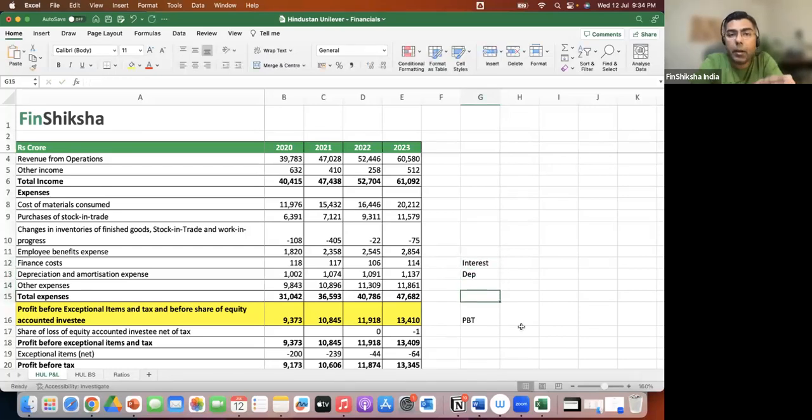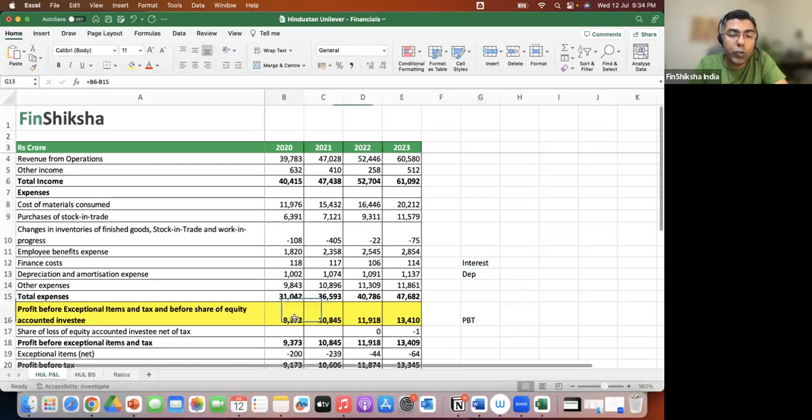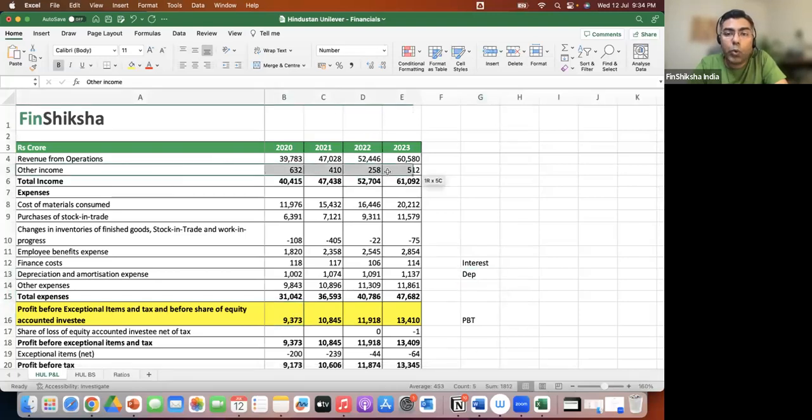So PBT plus interest is EBIT, plus depreciation is EBITDA. There's one more change that you have to do. This includes other income. I do not want to include that. At an operating level, I want to remove that from the components that are there. So that's what we are looking at.